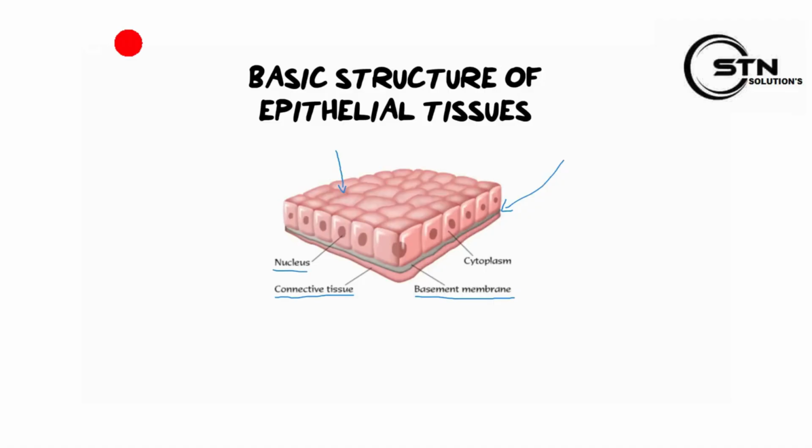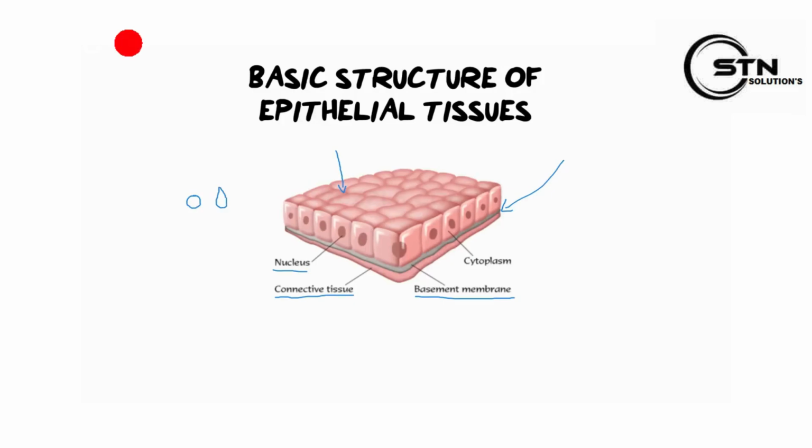Now, when we look at some of the examples, I'm going to tell you how to tell the difference between them in pictures, but you want to keep an eye out for the shape of the nucleus. Some epithelial tissues have a circular nucleus, like the one we can see alongside, and then others have a more elongated nucleus, almost like a teardrop shape. So keep your eyes out for those nucleus shapes and varieties.